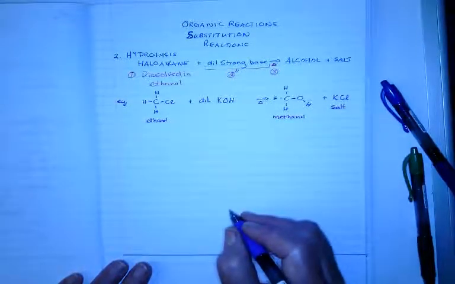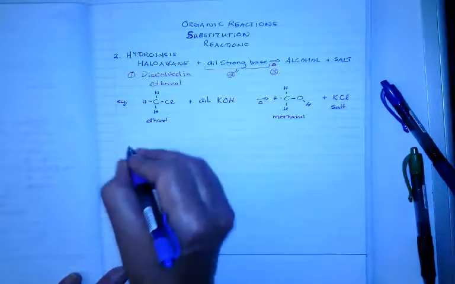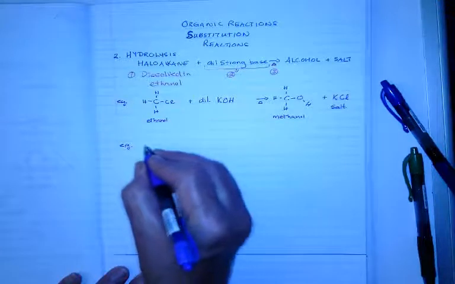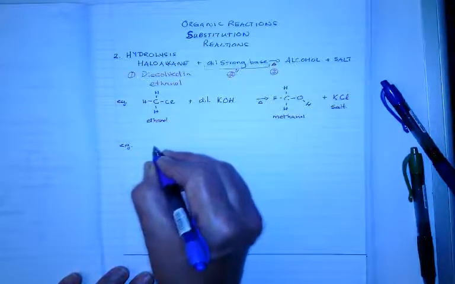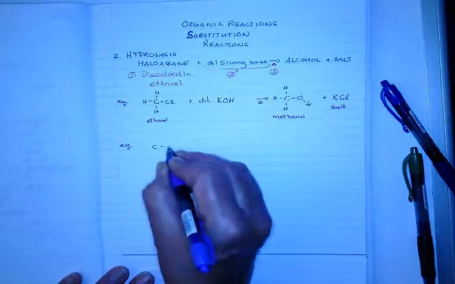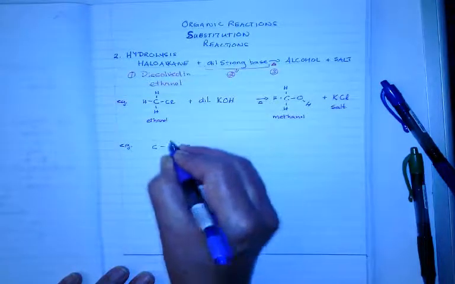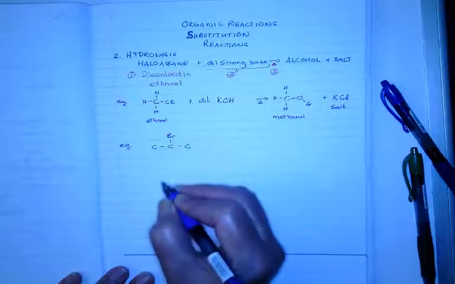We'll do one more example of this. I'll use 2-bromopropane. So we've got propane with the bromine on the second carbon.